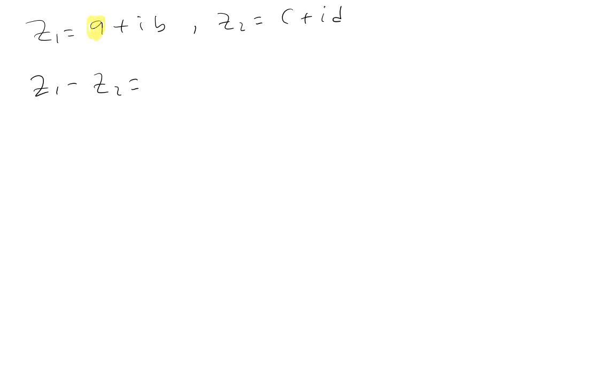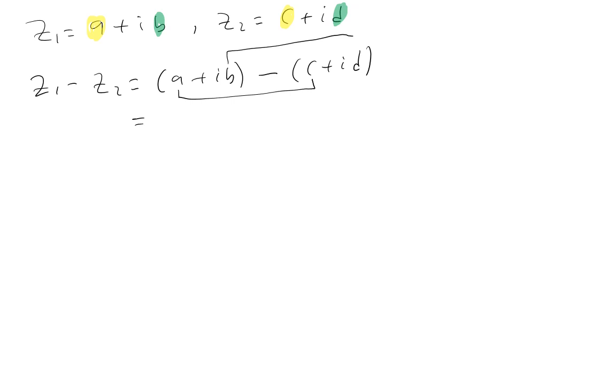Real parts for z1 is a, for z2 is c. Imaginary part for z1 is b, for z2 is d. So z1 minus z2 will be a plus ib minus c plus id. And if you want to subtract this, we'll subtract the real parts and the imaginary parts.